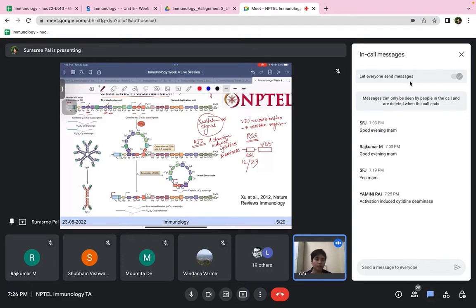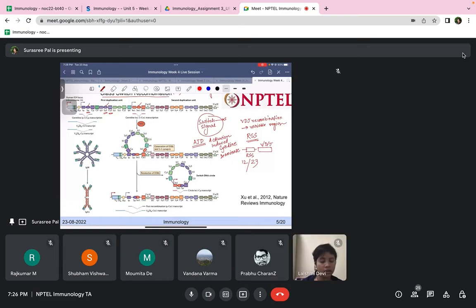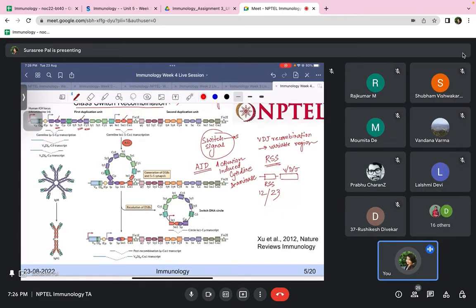And so what it does is, when the DNA forms a bubble kind of structure, when it is not double stranded and remains in a single stranded form, this AID enzyme can come and cleave at a point where there is a cytidine, so a C nucleotide, cytosine, is present.